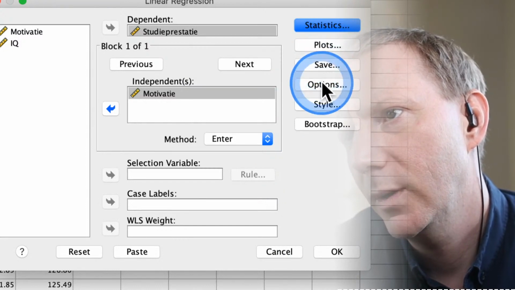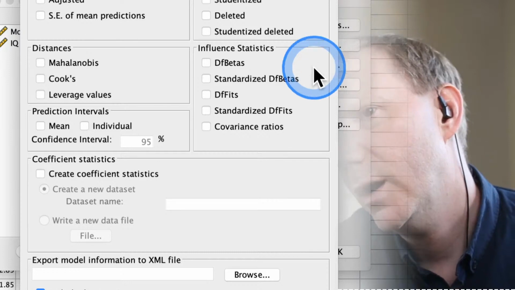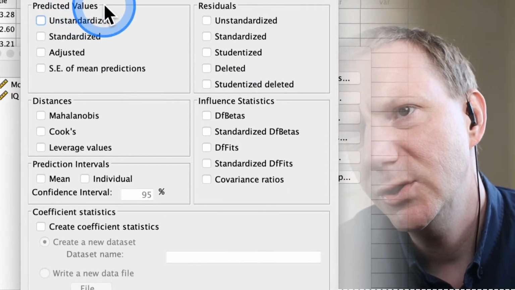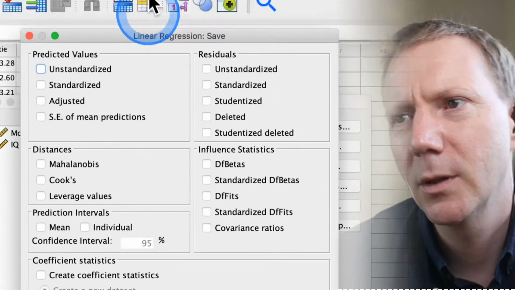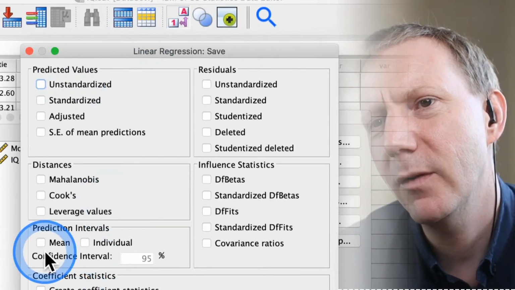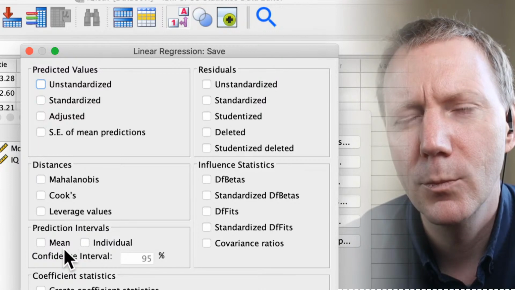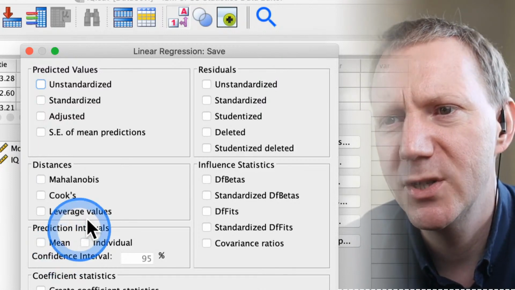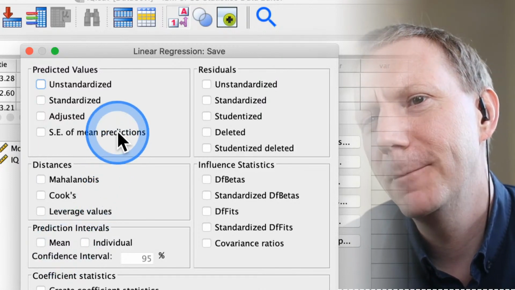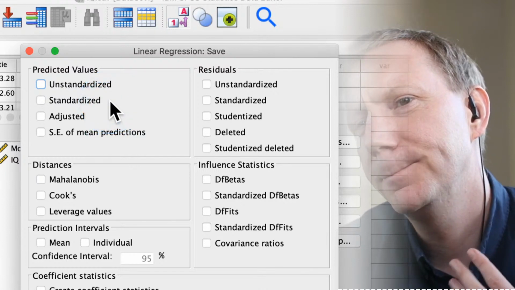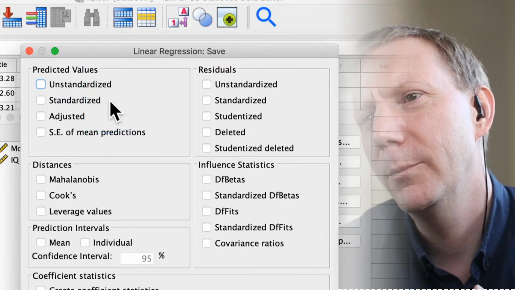We'll skip the plots for now. The save options, we don't need for interpreting the results, but there are a few that make sense.